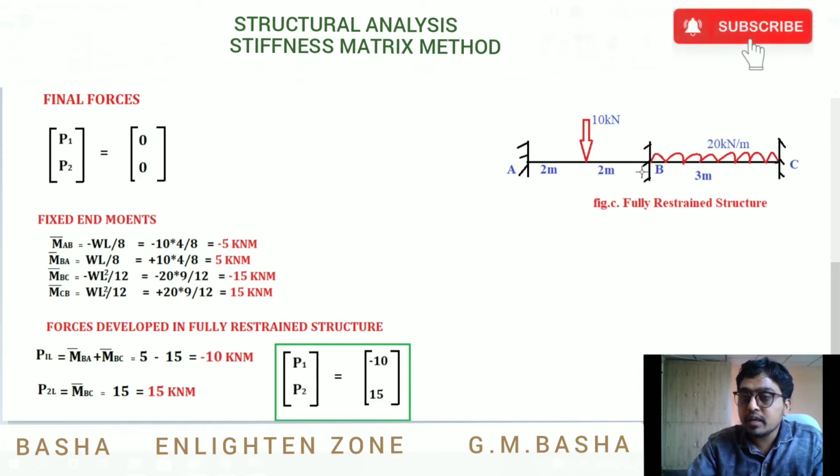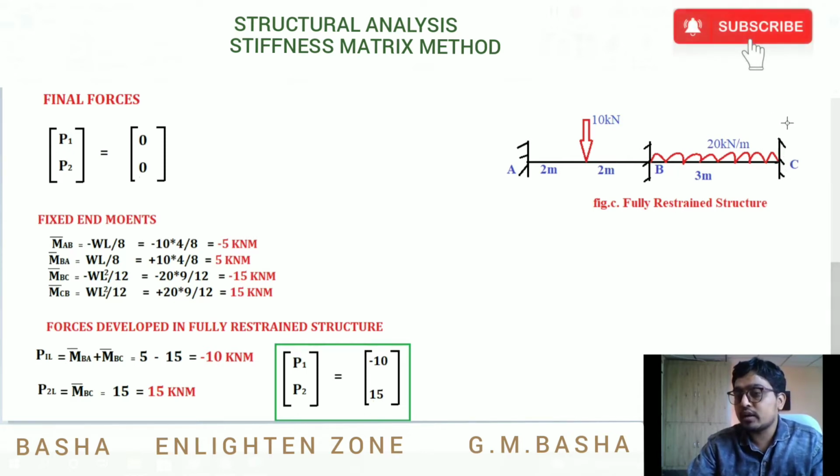For joint B there will be two connecting members, that is the reason we are taking the sum of the moments at a particular joint for solving P1L. For P2L there will be only one member, that is the reason MCB. For example, if another connecting member were there, then for solving P2L we would take the sum of the connecting members at a joint, MCB plus MCD.